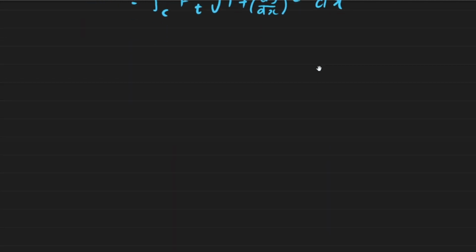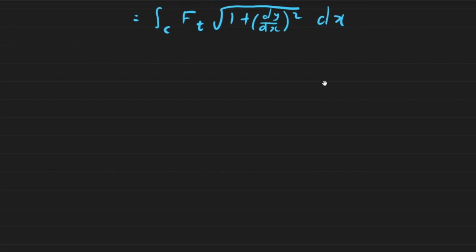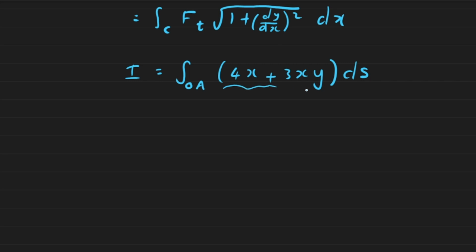We can illustrate this through a simple example. We have some function that we want to evaluate the line integral for, between two points O and A, and the function we're evaluating is 4x plus 3y times ds. So 4x plus 3y is our function.